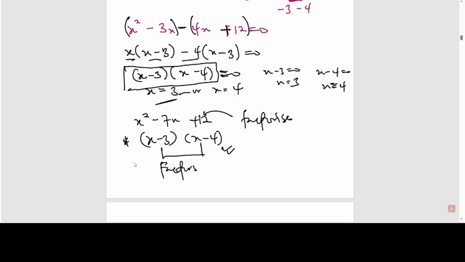You can't equate anything to 0 over here because this is not an equality, it is not a quadratic equation, but a quadratic expression. So x minus 3 is a factor of this quadratic expression. x minus 4 is a factor of this quadratic expression, and that's how it ends with quadratic expression and equation.